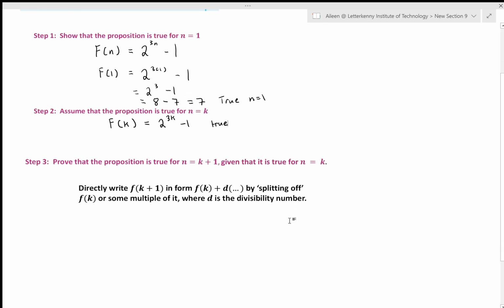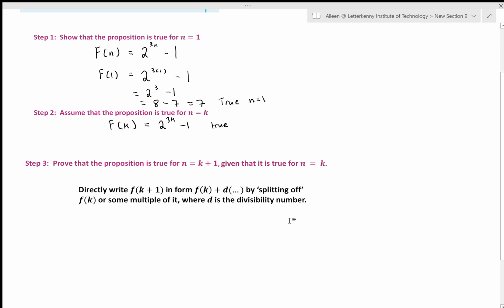And in step 3 now, we have to prove that our proposition is true when n is equal to k plus 1, given that it is true when n is equal to k. So what we have to do here is directly write f of k plus 1 in the form of f of k and some remainder.